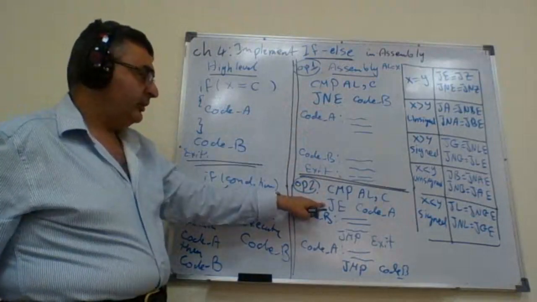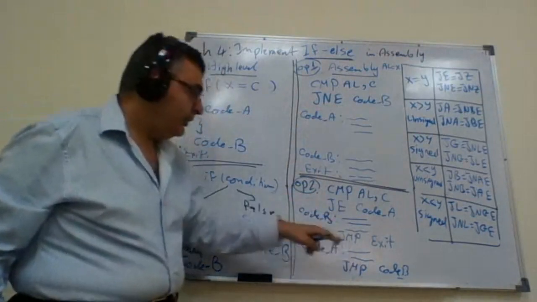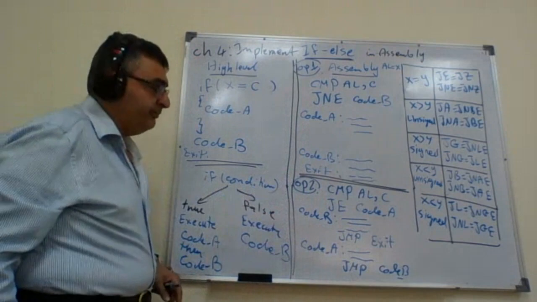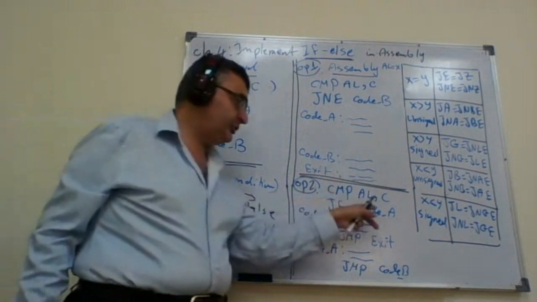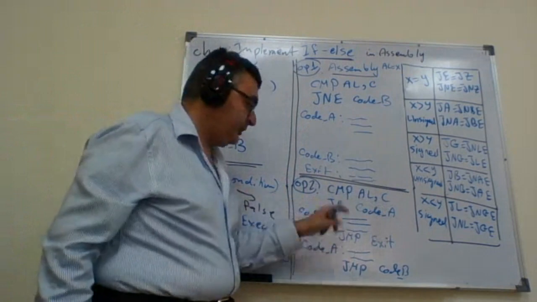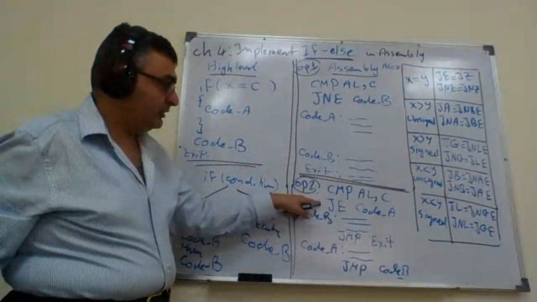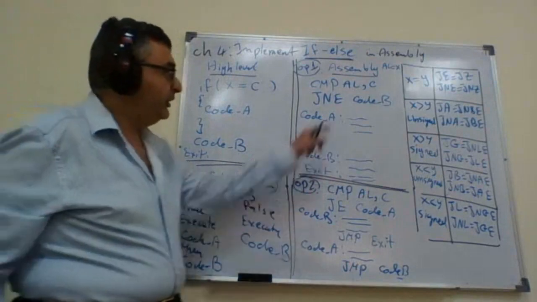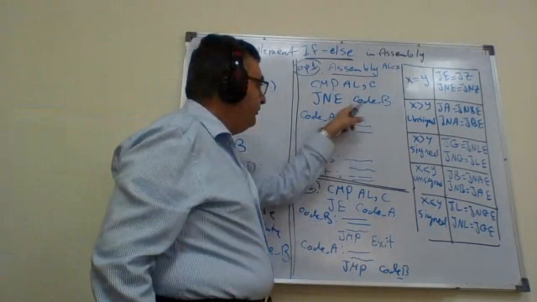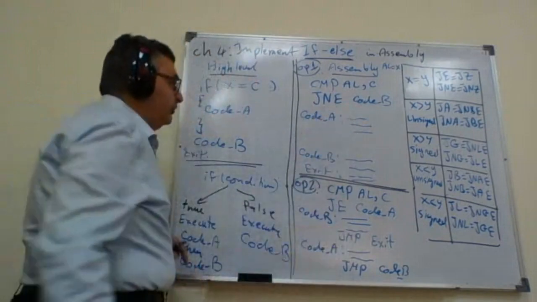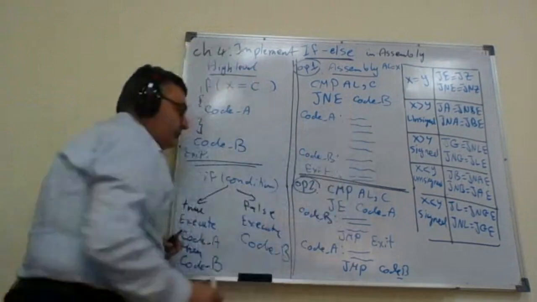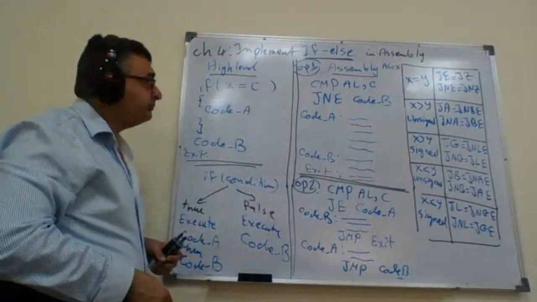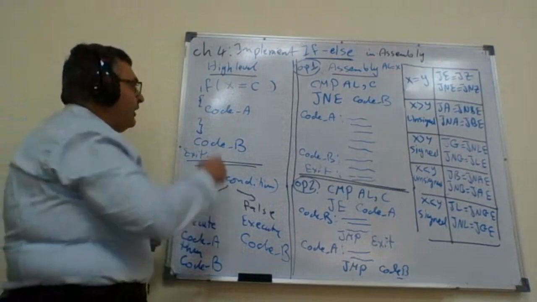Or if you want to use the straight logic, you have to maneuver the order of the code for A and the code for B. You have to swap them, in order to guarantee that if this condition is true, I will execute A, then jump to execute B. But if they are not equal, I will only execute the code for B. If not equal, we go for B. If equal, I will go for A, and automatically go for B after A. So the code will be more straightforward. This is when I have only an if.